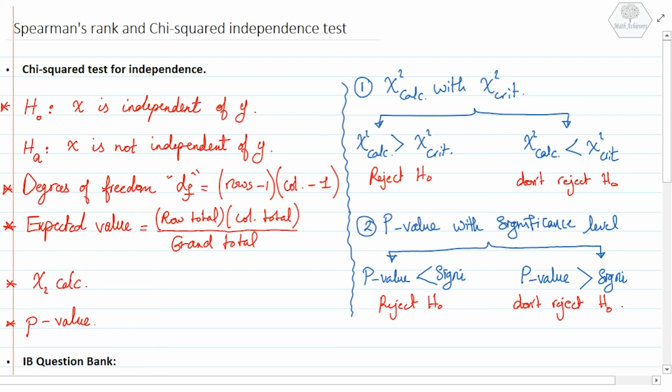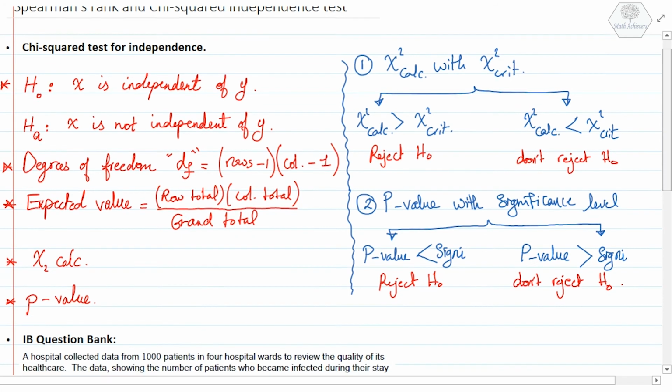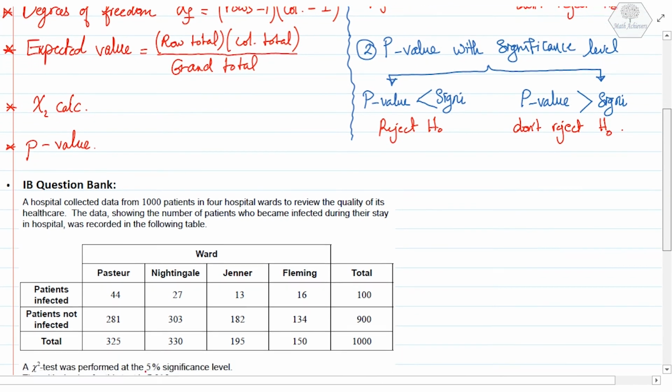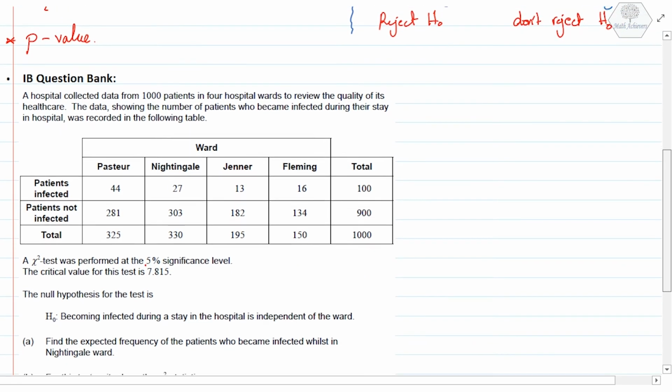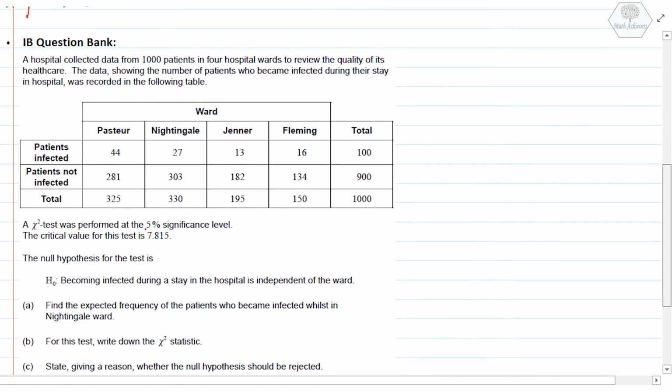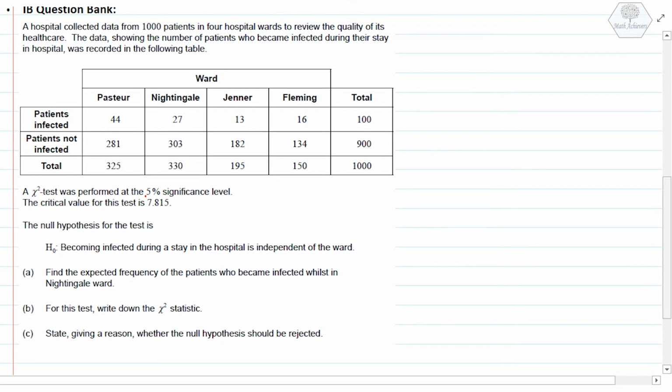I hope it's clear. Now, let's solve an example from the IB question bank. A hospital collected data from 1,000 patients in 4 hospital wards to review the quality of its healthcare. The data showing the number of patients who became infected during their stay in the hospital was recorded in the following table.